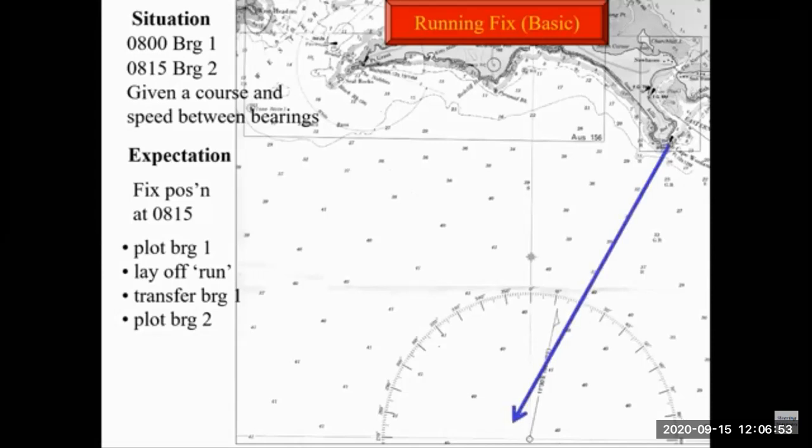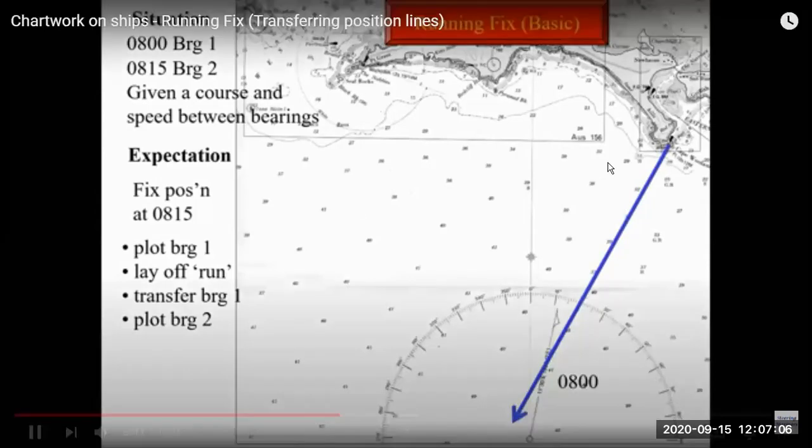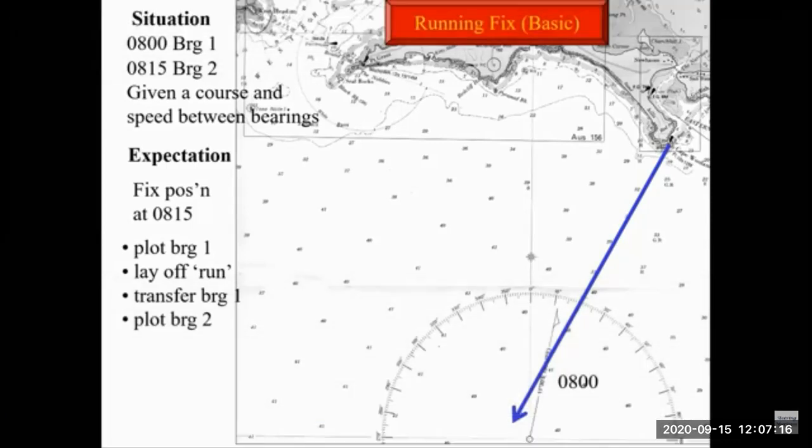So the initial bearing is 0800. This bearing is given from this lighthouse, and then the second bearing is given. But for this initial bearing, we don't know where the ship is, so we assume any position for the ship, and we plot the run, that is the course and distance that is given.